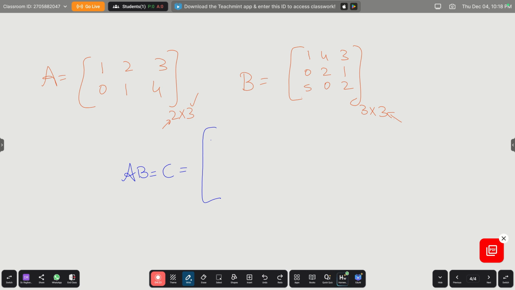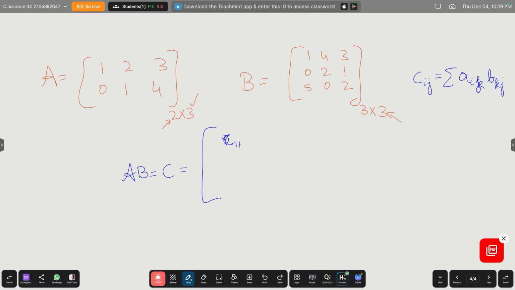The elements of this resultant matrix are found by the sum product of the ith row and jth column in the matrix A and B respectively. That means the first element of the resultant matrix C, sitting in the first row and first column, that is C11.